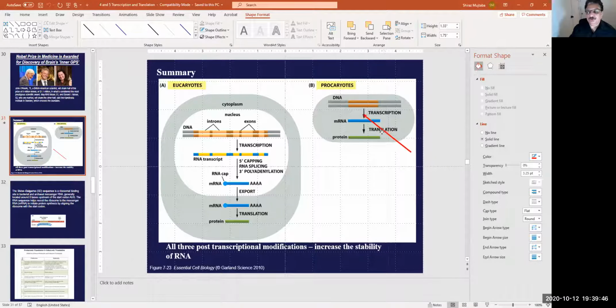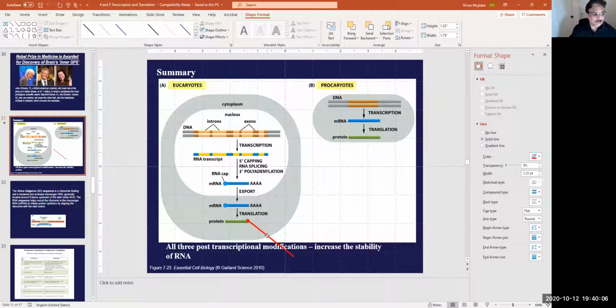There are no post-transcriptional events. So what are the post-transcriptional events? Capping, polyadenylation, and splicing.